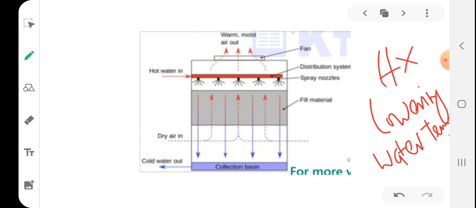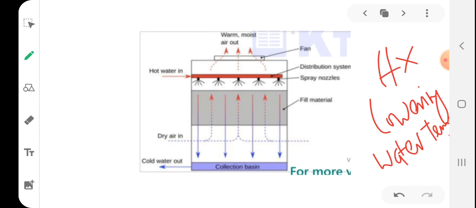The water will absorb heat from the water itself, and it will get evaporated, so that the water left behind will be cooled down. So during the cooling tower working process, small volumes of water evaporate, lowering the temperature of the water that is being circulated through the cooling water system.